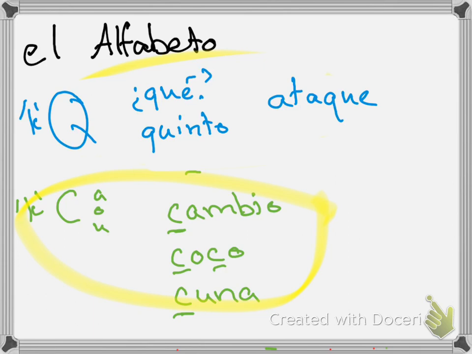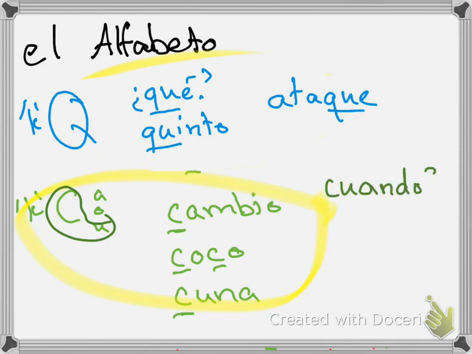Qué, quinto, ataque. If I want the kw sound, I'm going to use my CU combination, such as in the question word cuando, which means when. Or cuál, which means which.